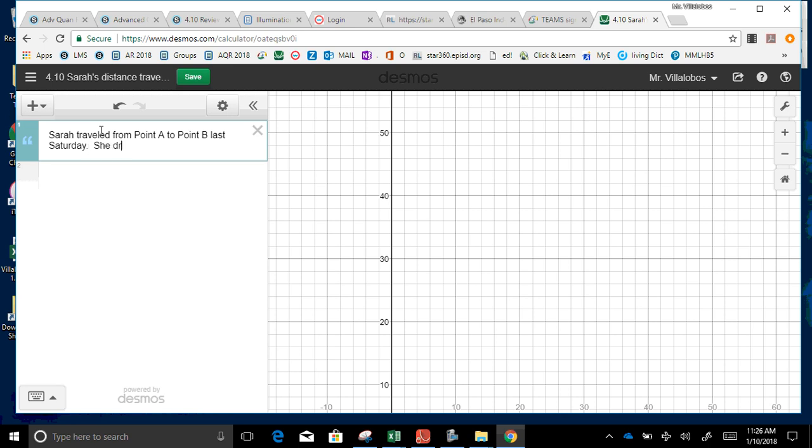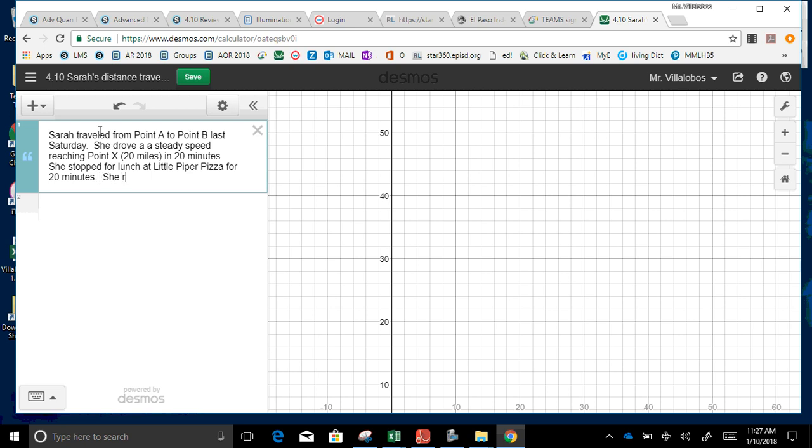She drove at a steady speed, reaching point X, 20 miles in 20 minutes. She stopped for lunch at Little Piper Pizza for 20 minutes.